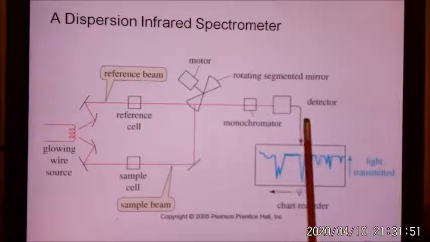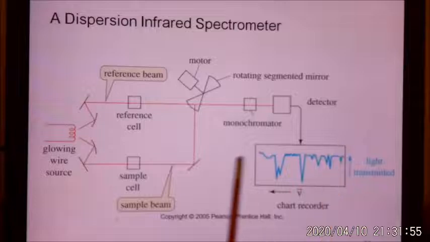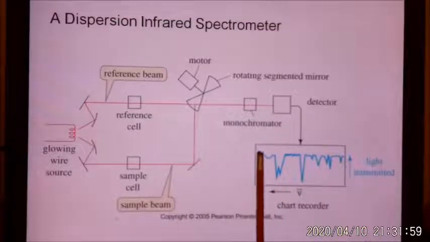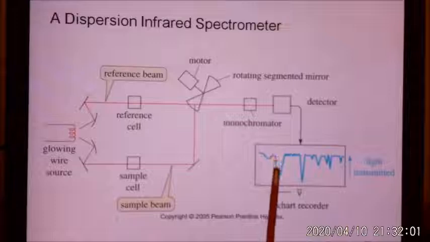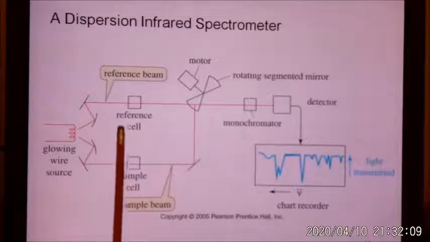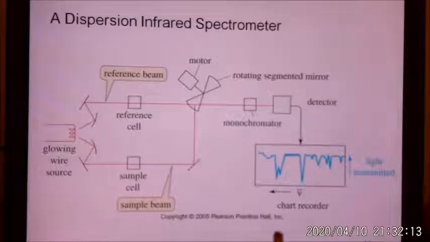When you look at it, this is percent light transmitted. Here, not a lot of light got absorbed. But over here, at this higher wave number value, it absorbed a lot. So you're looking at the difference between what it should be just through the air and what frequency was absorbed when you went through the sample cell.